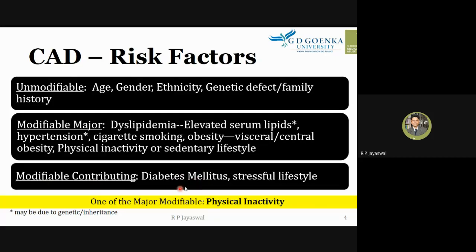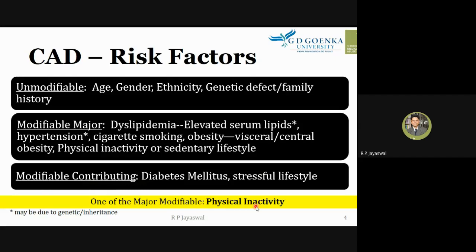Unmanaged, untreated diabetes mellitus slowly progresses into the development of coronary artery disease. A person who has a stressful lifestyle is more susceptible to getting coronary artery disease.